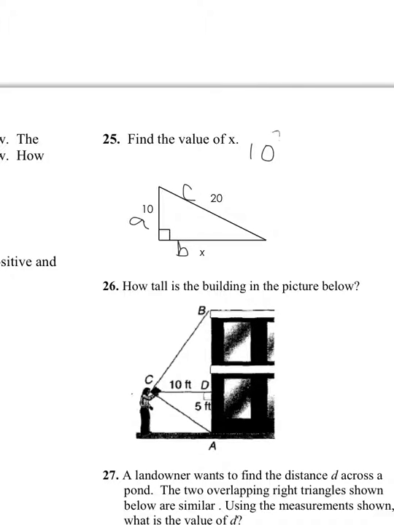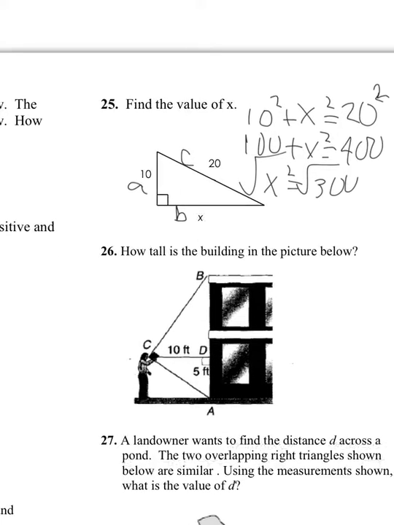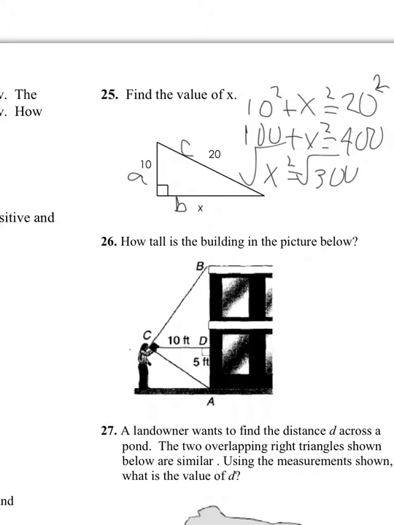So you have 10 squared plus x squared or b squared, whatever you want to call the variable, equals 20 squared. Okay, 10 squared is 100. 20 squared is 400. Subtract it over, x squared equals 300, square root. Now, it all depends on the semester exam whether it is multiple choice, whether it's going to be decimal or reduced in radicals, simplest form.